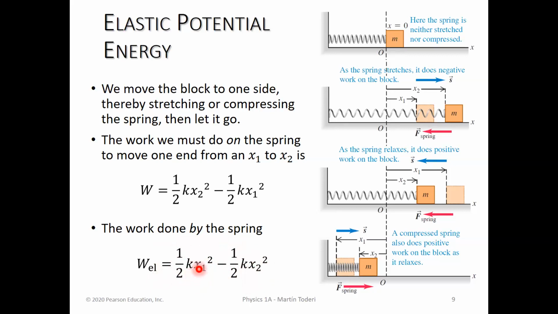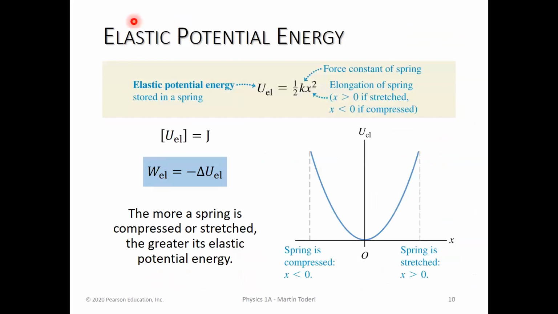So we can define that quantity, 1/2 kx squared, as something that will be assuming different values in terms of coordinates. So we can rewrite that as the elastic potential energy.